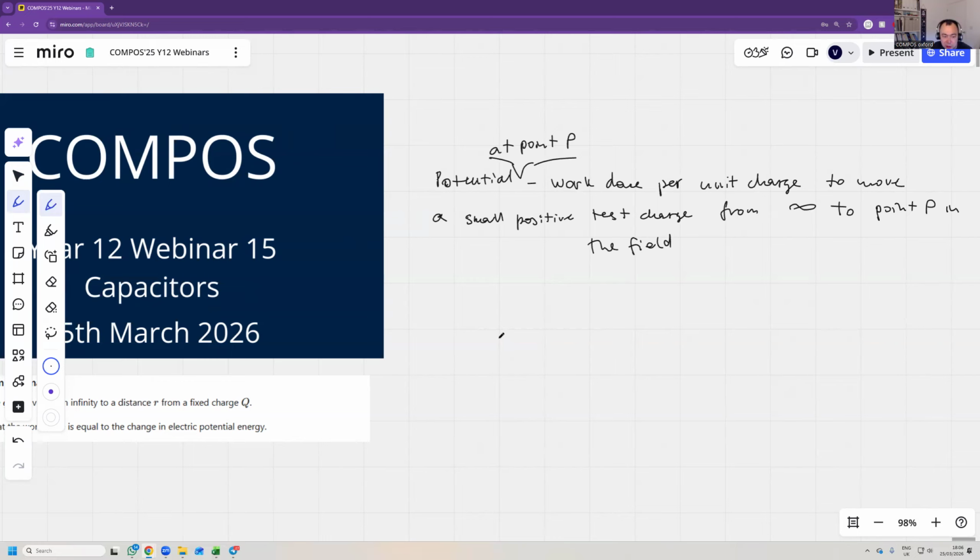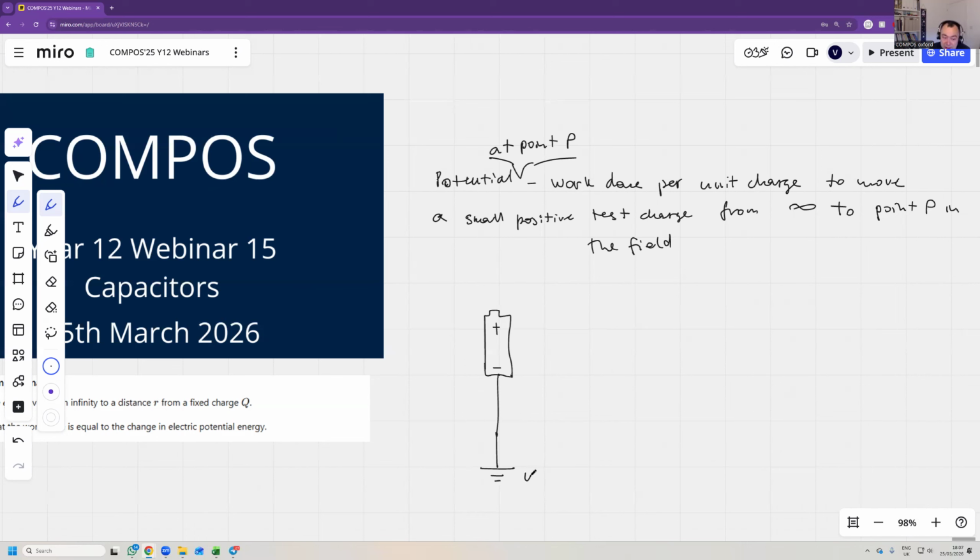Well, let's say we have an electric field. It could be a battery. Let's say it's a 1.5 volt cell, and we know that the potential difference in a cell is 1.5 volts. Let's say we connect the negative terminal to the earth.